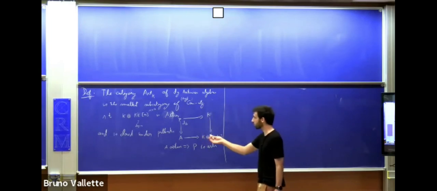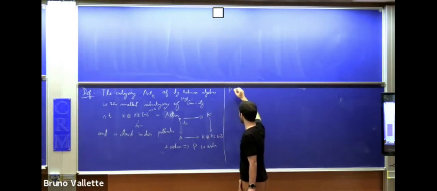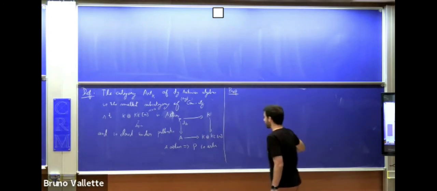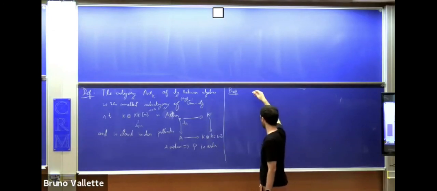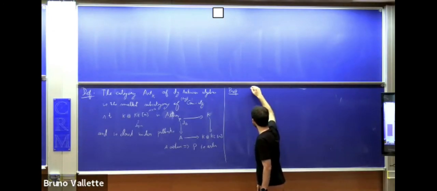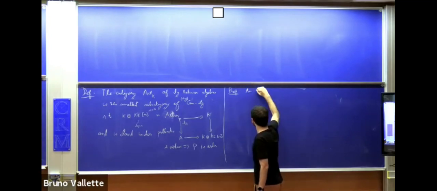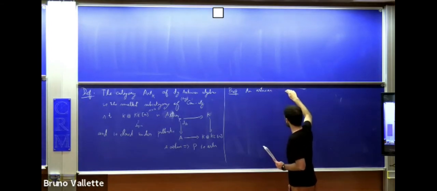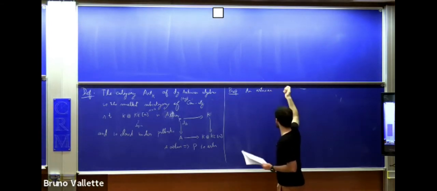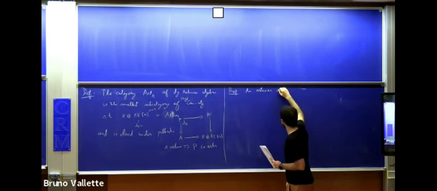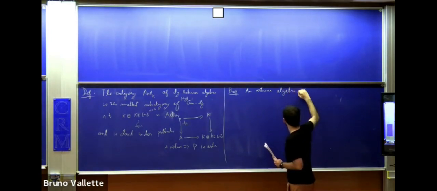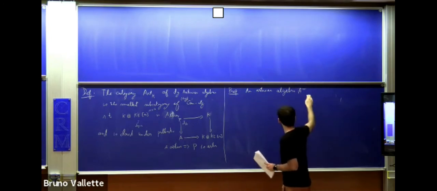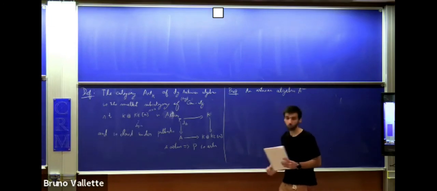Now, this is not in principle very useful if you cannot describe them more concisely. You can show that an Artinian algebra A is a homotopy pullback.